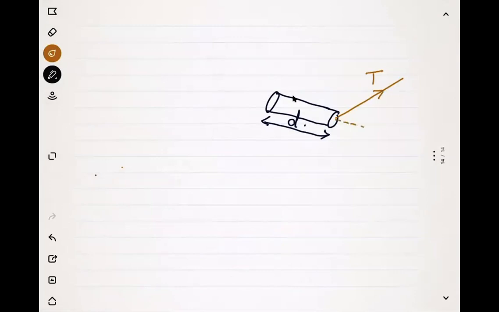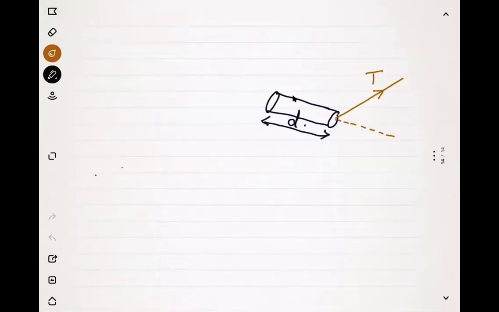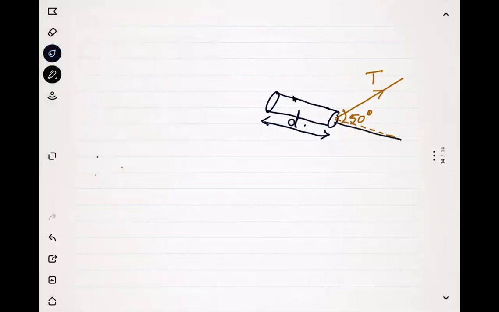And this angle was, as you see, 70, 60 and 50. So this angle would be 50 degrees. If we resolve T with respect to this 50 degrees, then we have two possibilities. This is T cos 50, and the one that is perpendicular would be T sine 50. The component which is along the distance is to be ignored. The component which is perpendicular is to be taken.